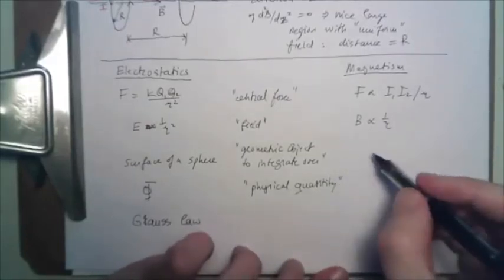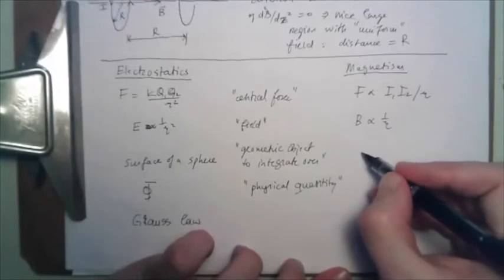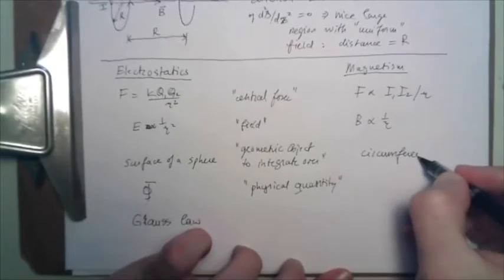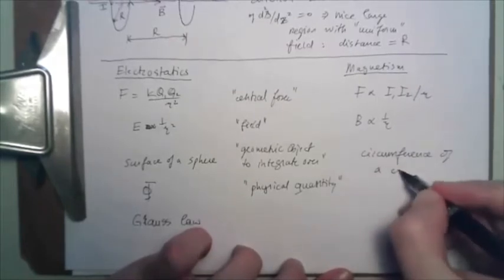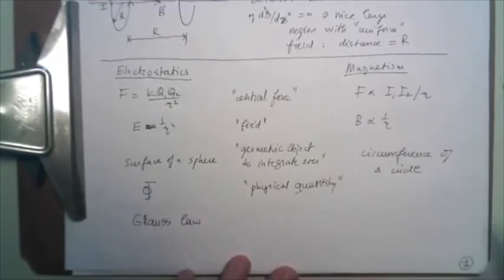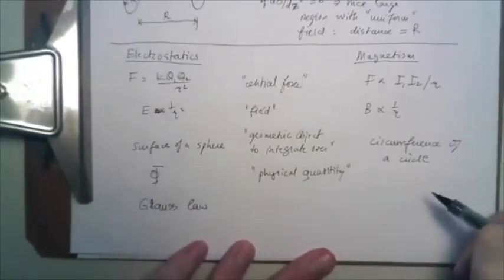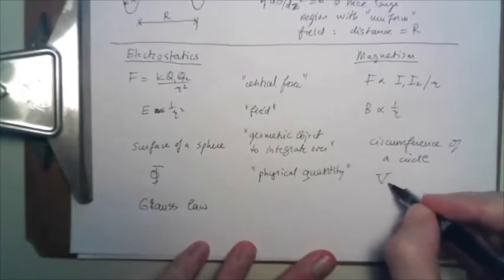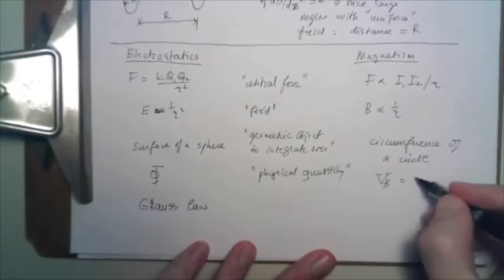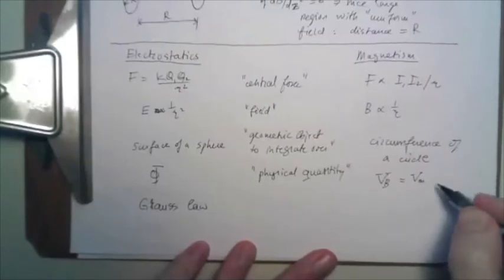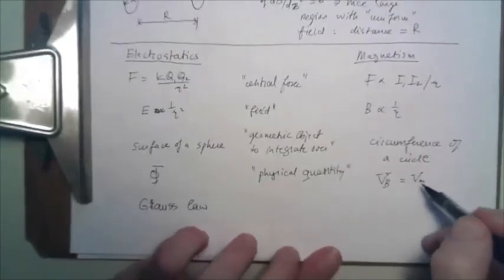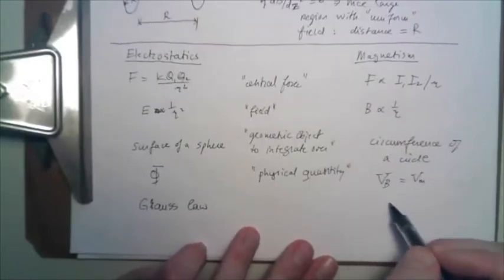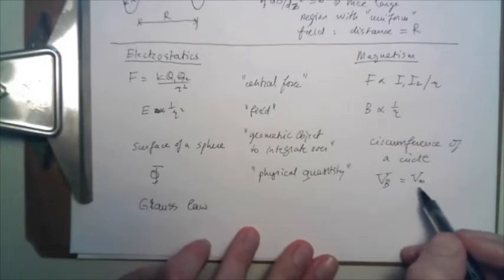And the geometric object that we're going to integrate over is the circumference of a circle. Now, the physical quantity that we'll end up getting is a magnetic potential, so V_B or V sub M. Magnetic potential is a weird thing because it's a scalar potential, and it ends up being a little bit funny to work with.